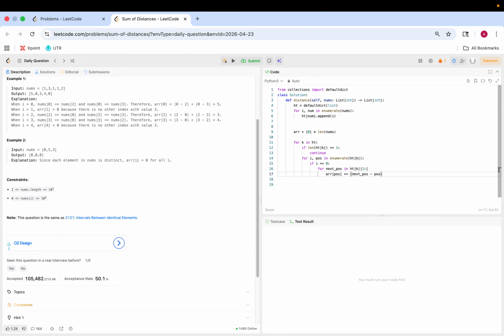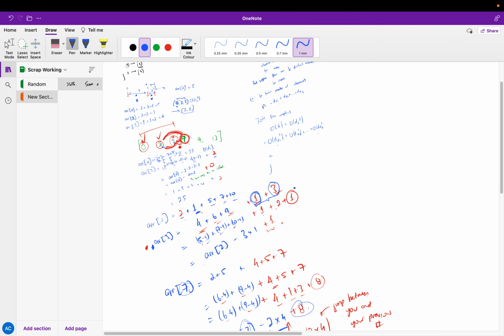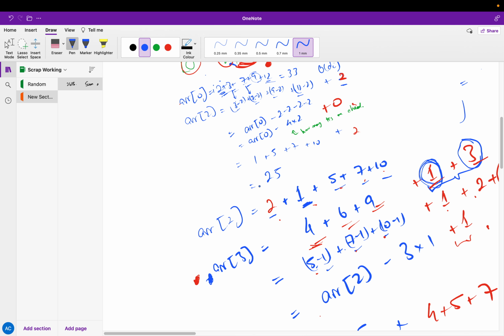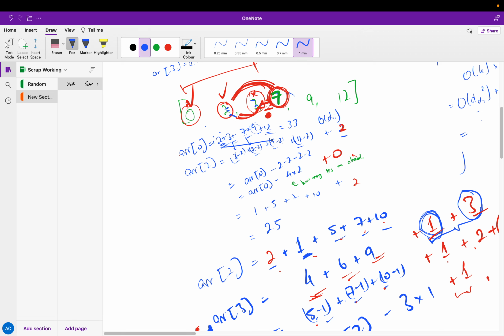And that should basically brute force the very first element, as we did here. We're just getting all the jumps. That's all we're doing. Okay.